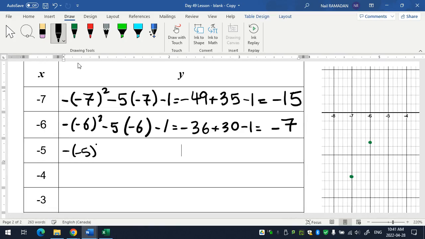Minus 5 squared, minus 5 times minus 5, minus 1 equals. What's minus 5 squared? Come on. 25 with a negative because it's a negative before. Plus 25. What's minus 25 going to do to plus 25?